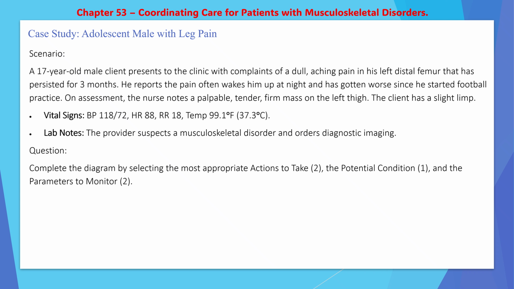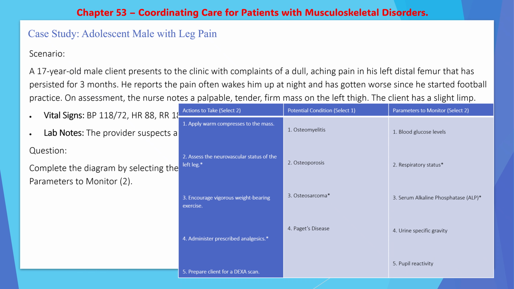Question: complete the diagram by selecting the most appropriate action to take, the potential condition, and the parameters to monitor. So this is like the bow tie. You see here the correct answer and rationales. So the potential condition is osteosarcoma.